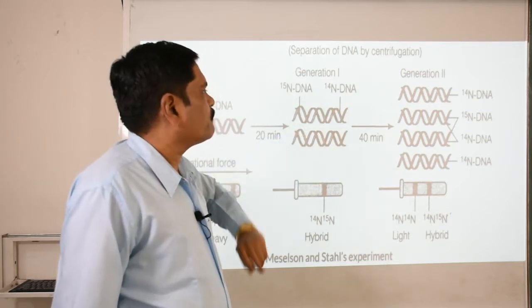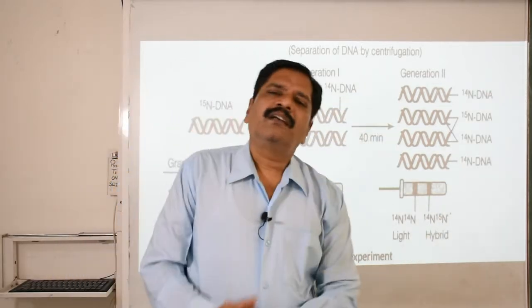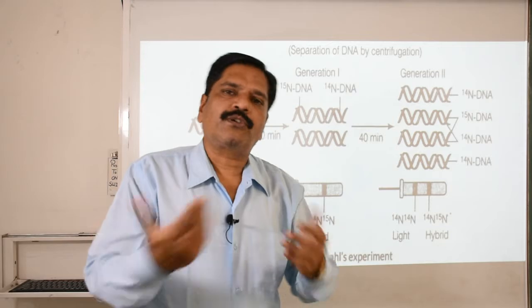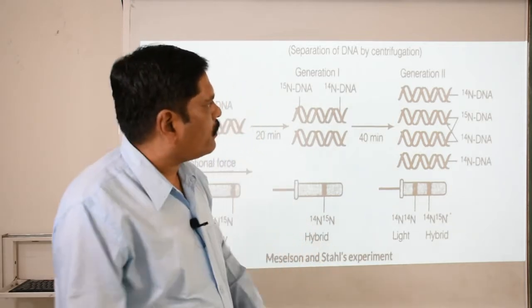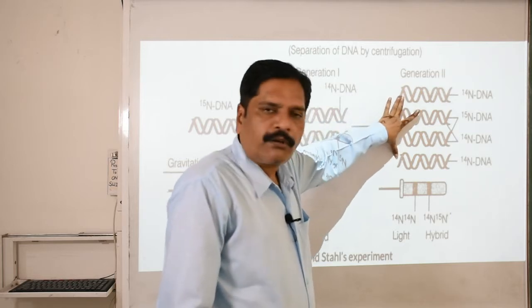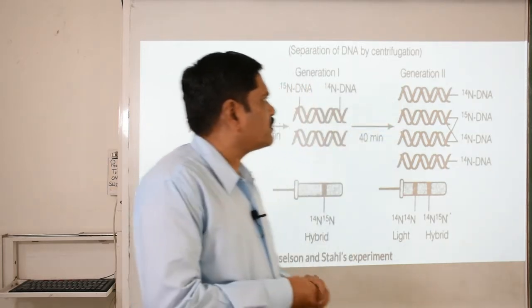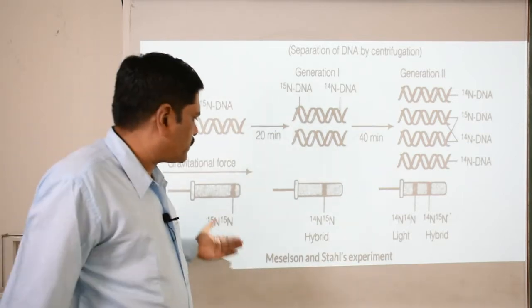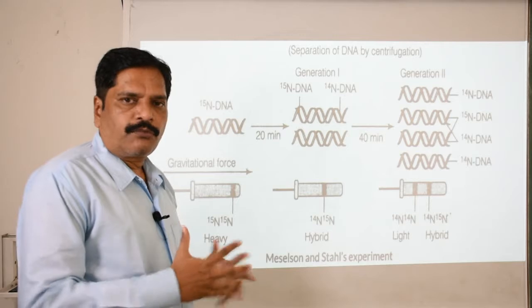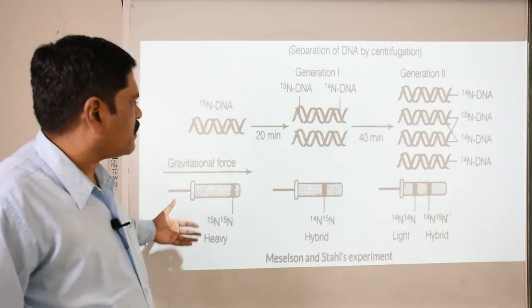Then after 40 minutes, when we observe, out of the four molecules, two molecules are pure N14 and two are hybrid nitrogen. So it is proved when we obtain it with the help of chromatography and the gravitational force.